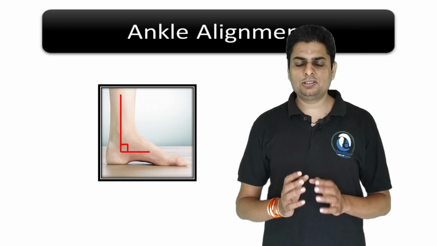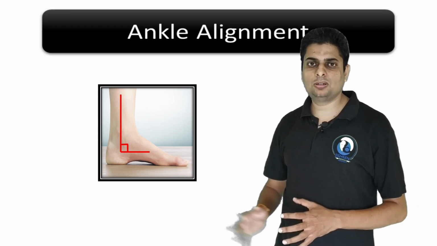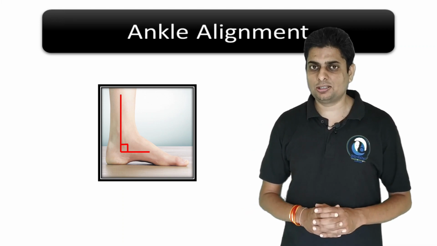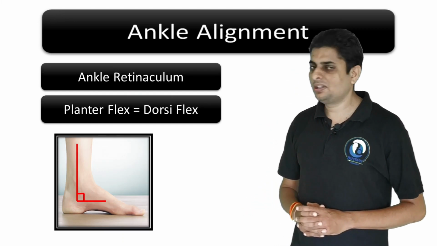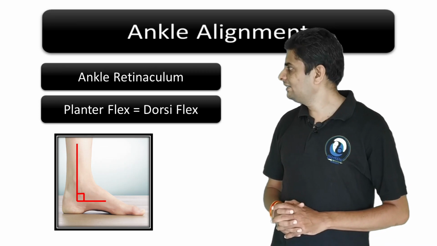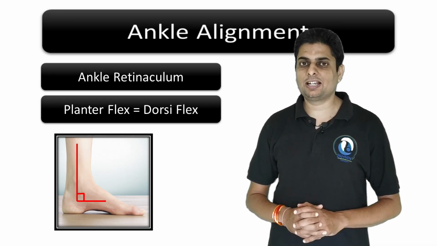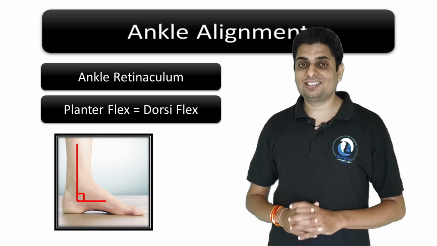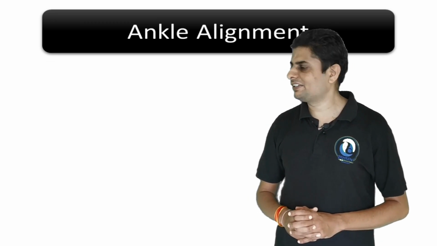To achieve this 90 degree or good alignment, we will deal with two structures. First is the ankle retinaculum, and second is the balance between ankle dorsiflexors versus plantar flexors. So let's start with the ankle retinacula.